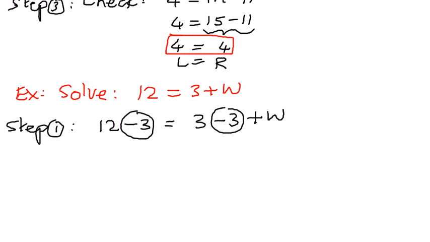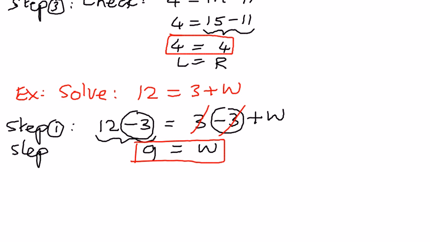So once we have it this way, the positive 3 and the negative 3 cancels out, and what we are left with on the right hand side is just the variable w, and on the left hand side, we're going to just simplify the number part of it. 12 minus 3 is equal to 9, and therefore the value of w is equal to 9. We got the answer. And this, we'll call this one as step number 2.